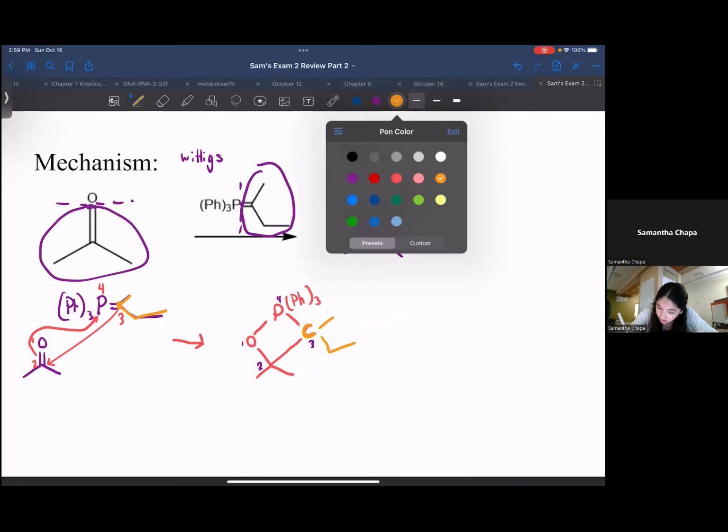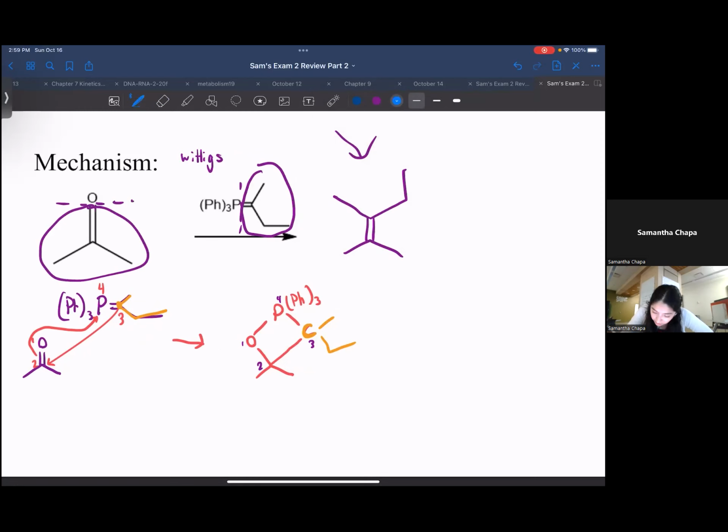Change my color. There we go. So there's going to be a carbon-carbon double bond. So what I'm going to do is break this phosphorus off because we know that we don't have a phosphorus in this compound. So phosphorus breaks off. We also don't have that oxygen. So this oxygen is going to break off of my carbon and form a double bond to phosphorus. That was the concerted step. And then we have this product.